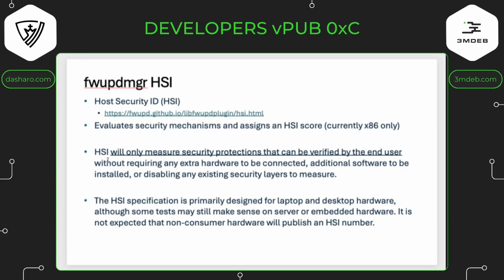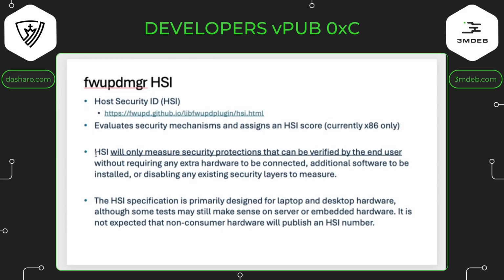It looks at security protection mechanisms that are visible from Linux user space. I think there is a driver that it uses to help access some things, but it looks at what you can see from Linux user space.